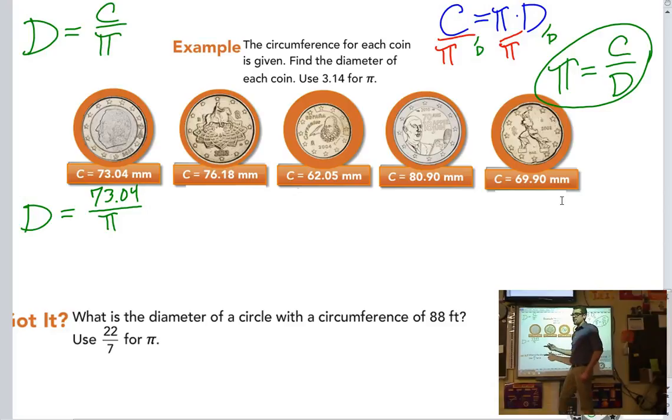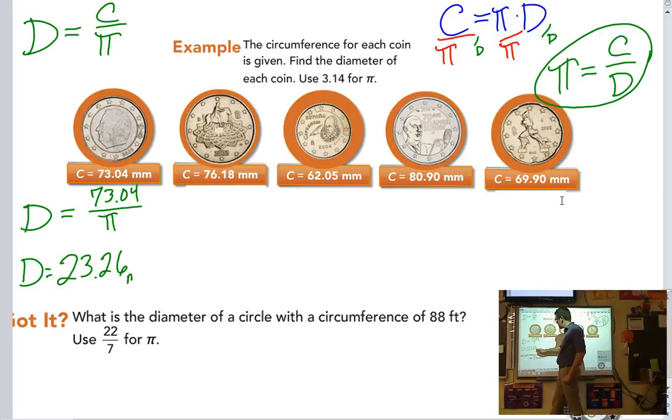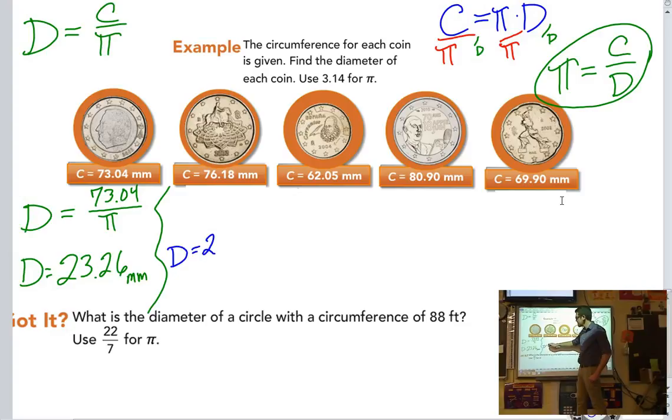So in our first coin, what'd you get, Elaine? 23.26. And that'd be millimeters. Make sure that your labels are on. What's our second one? 24.3. And do we think we could do the rest of these?